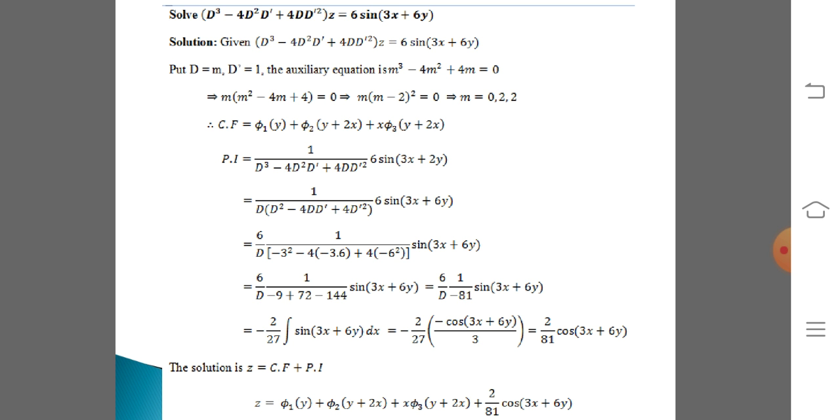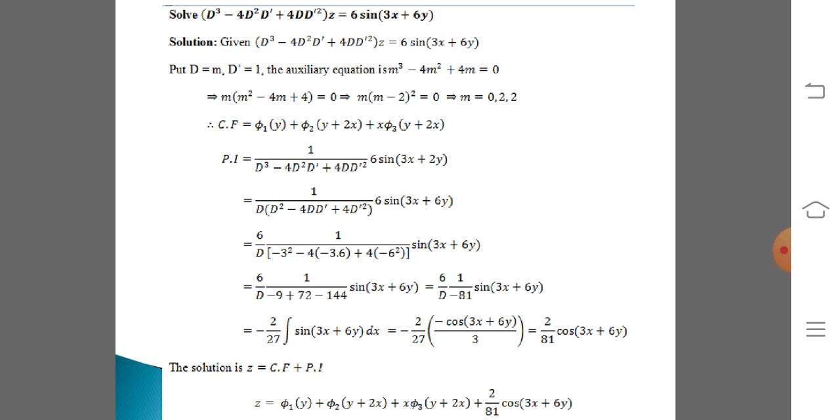So therefore, the particular integral takes the form 1 by, look at the denominator, d is a common factor. So if d is taken out from the denominator, we have d into d square minus 4d d dash plus 4d dash square into 6 sine of 3x plus 6y.